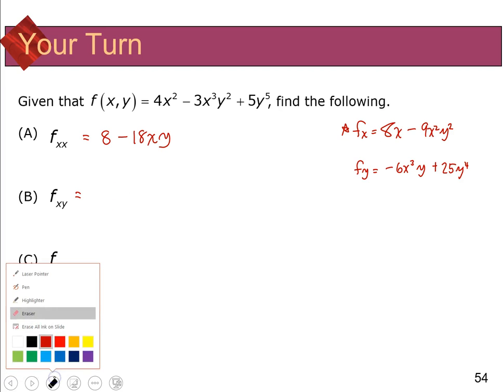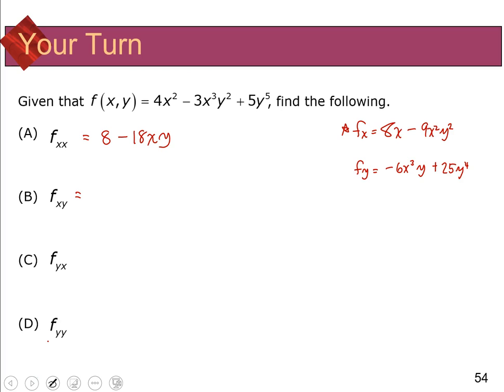I just want to point out what I had done. This should still have a square here too, because I forgot to write the square down when I did the derivative of the 3x cubed y squared. The y squared should still stay y squared at that point. So now when I do the derivative with respect to y, I still end up with a 0 in the first position. I end up with negative 18x squared y.